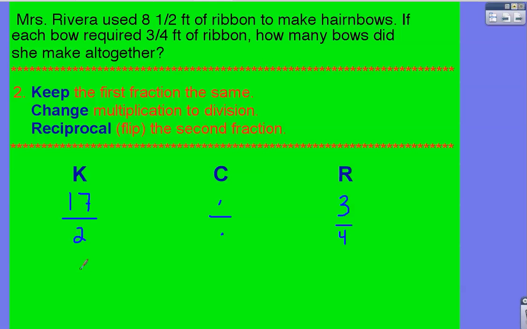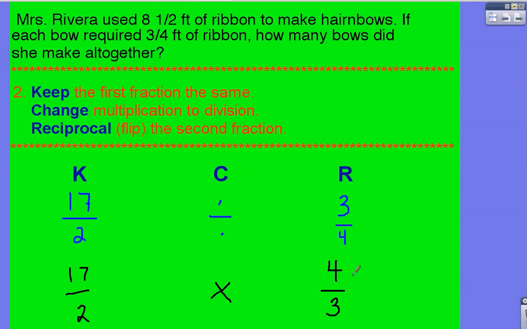So we're going to keep 17/2, that stays the exact same. Change our division into multiplication. And since we changed division to multiplication, we have to flip or take the reciprocal of 3/4. The reciprocal just means that your denominator is now going to be your numerator, and your numerator is now going to be your denominator.